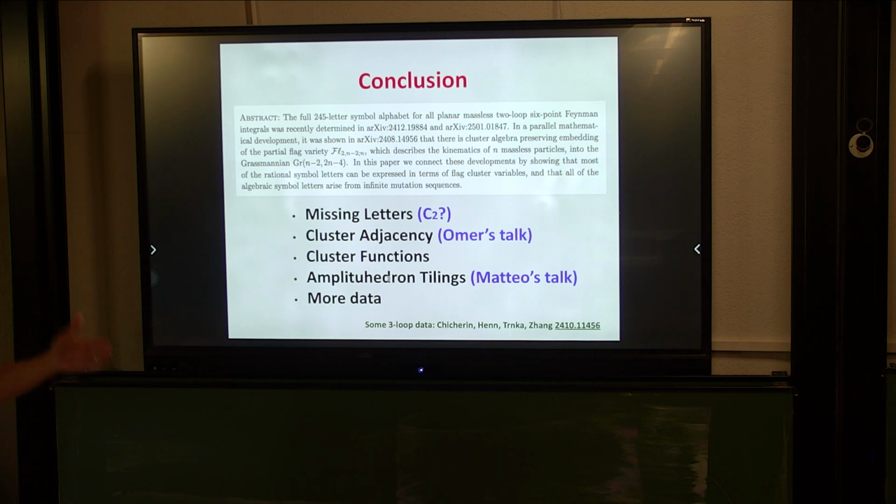Jianrong's paper provided us the motivation for doing this, and that's what we find. We have missing letters, and we're looking at them very hard. We have some conjectures that have something to do with C2 mutation. Maybe you have more to say about this.